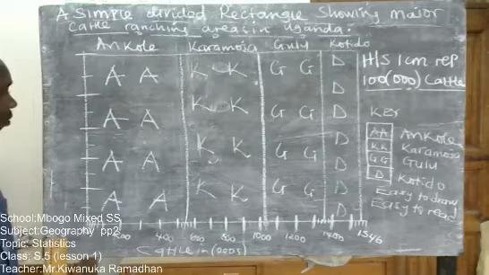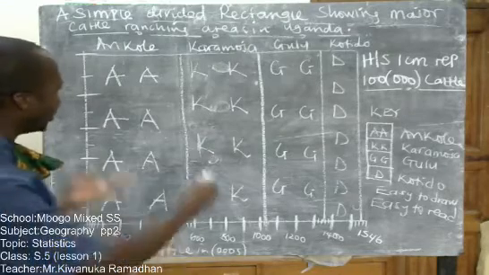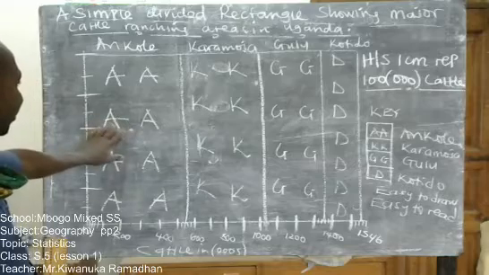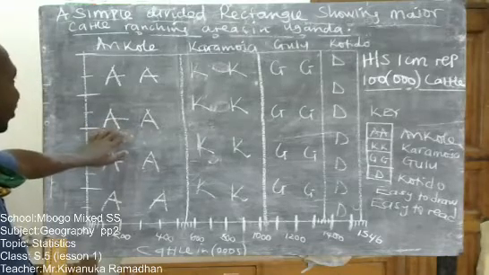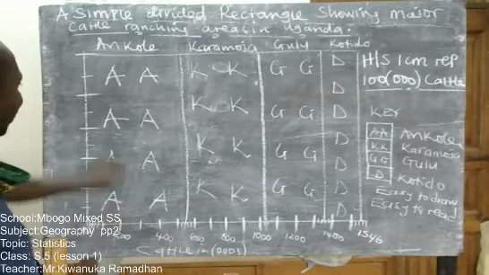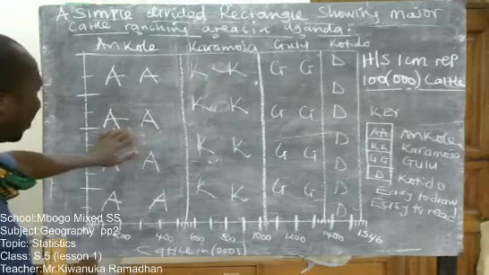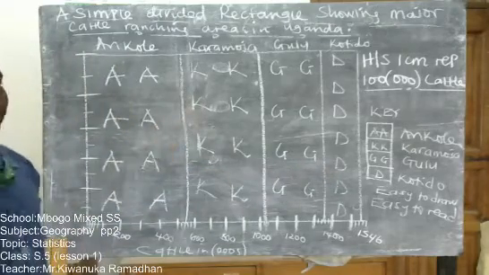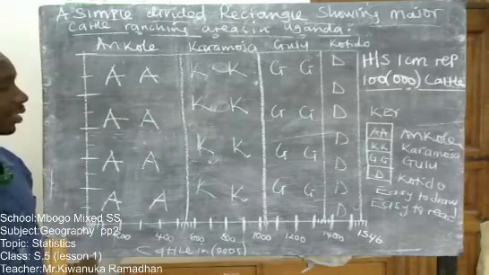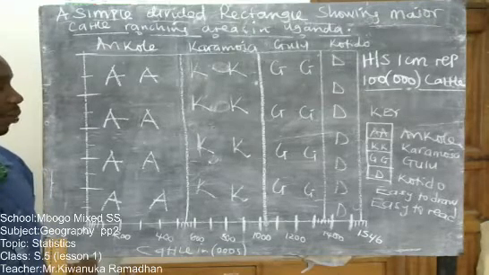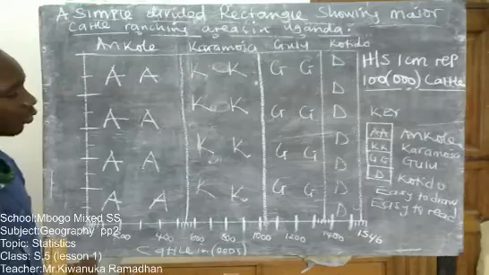Even to a layman, when you look at this, you can still see that this is the biggest. Now that we are looking at major cattle ranching areas, this is the biggest cattle ranching area. This is the smallest cattle ranching area. The method is easy to read, understand, interpret. Then it is also good for comparison.